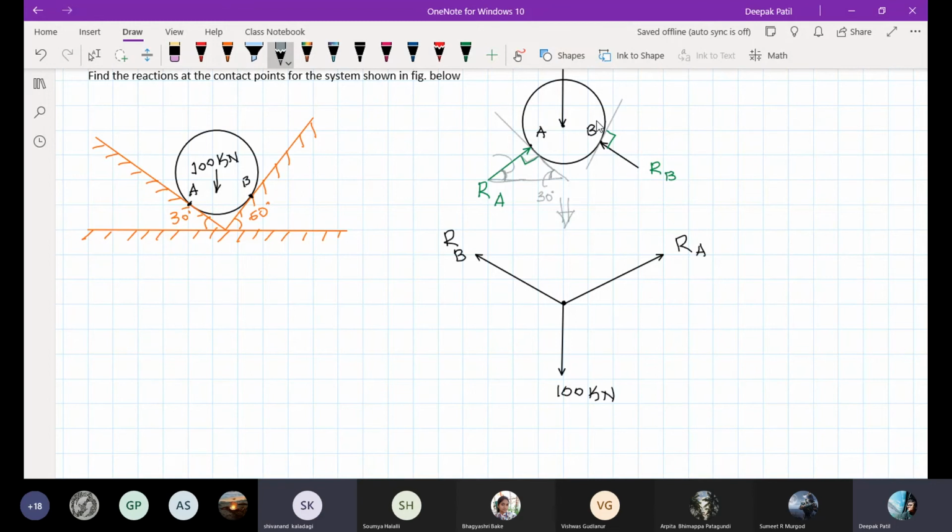The total of all the angles in a triangle should be 180 degrees, so this angle is 60 degrees. It means the angle made by RA with respect to horizontal is 60 degrees.